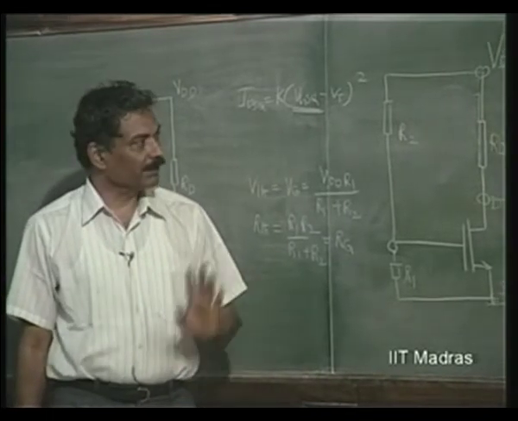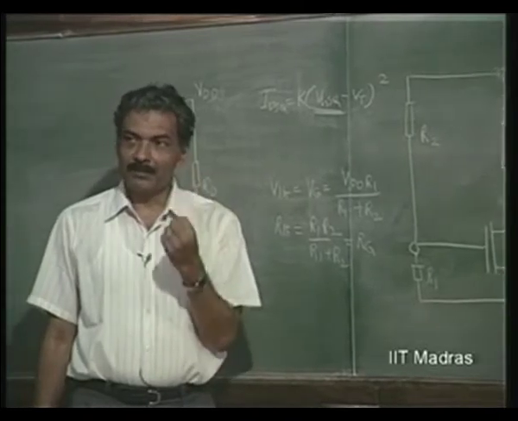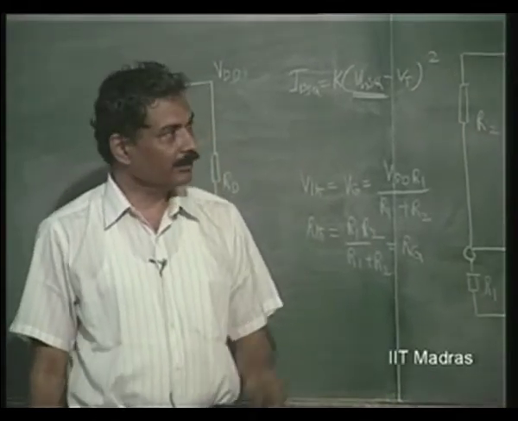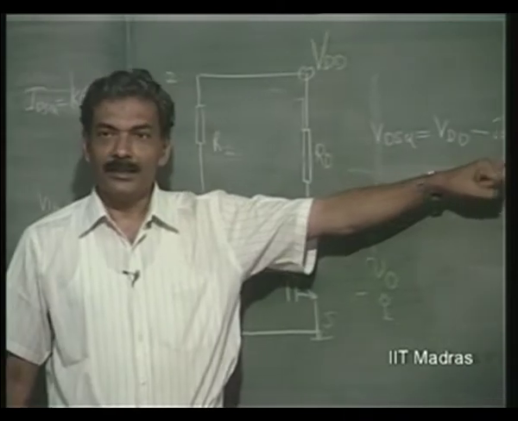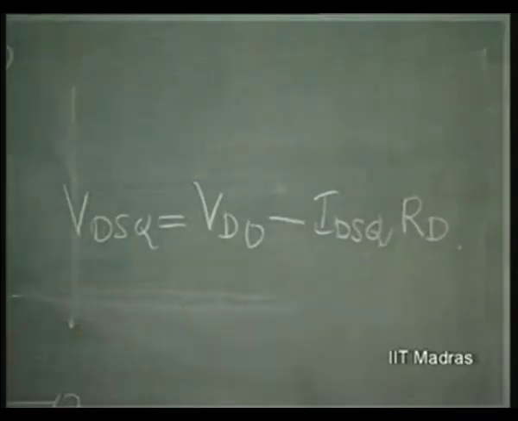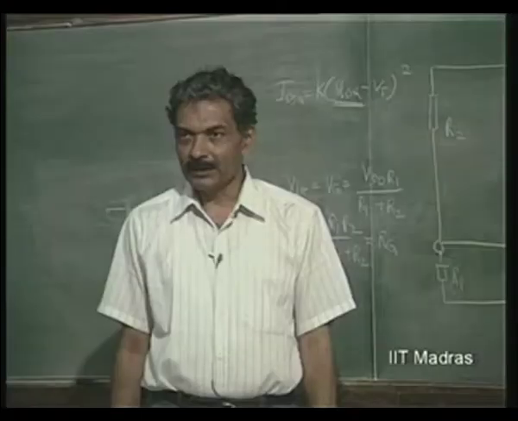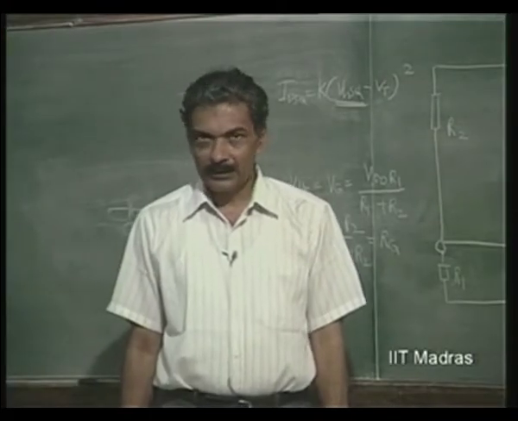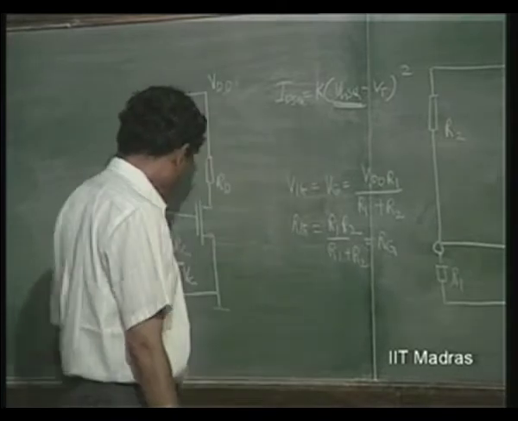So, this keeps shifting. So, in order to obtain a stable operating point, I should definitely make IDSQ independent of the field effect transistor property, that is K or VT. How do I do it? This is very simple.